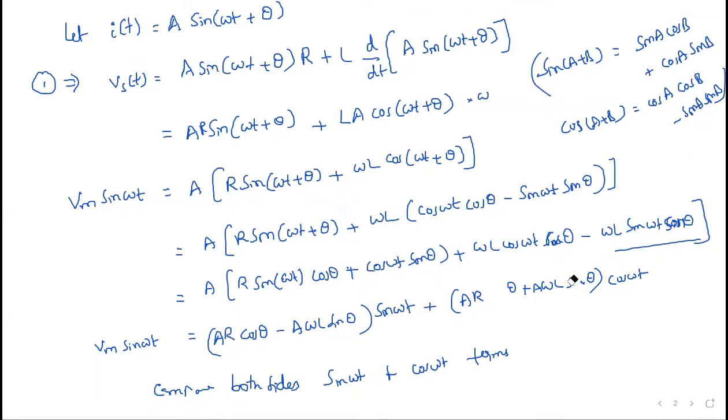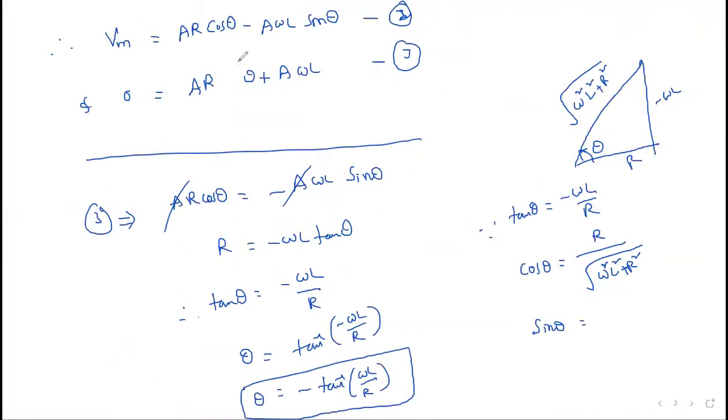This is sin, this is cos, correct? So this is sin theta, this is cos theta. Now both are reverse here. This is sin theta and this is cos theta. Okay, now it is.